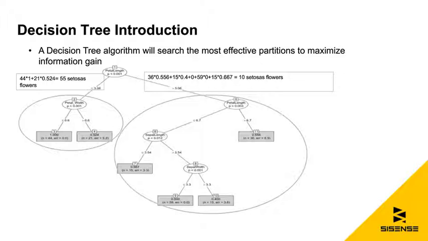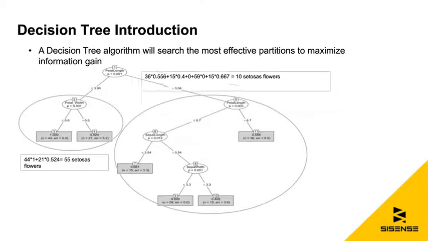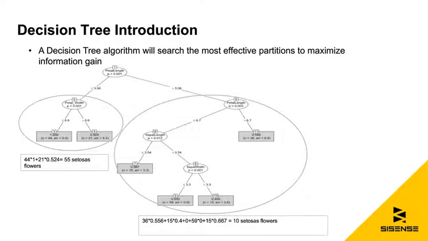So, for example, in this data set, we had 65 setosa flowers versus 75 flowers which are not setosa. And from the first partition, partitioning on the petal length, you can see that the system was able to separate the setosas into a group of 55 in the left subtree and a group of 10 in the right subtree, which is a pretty neat partition.